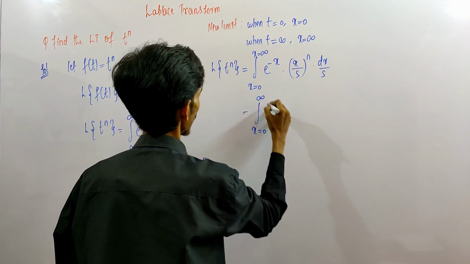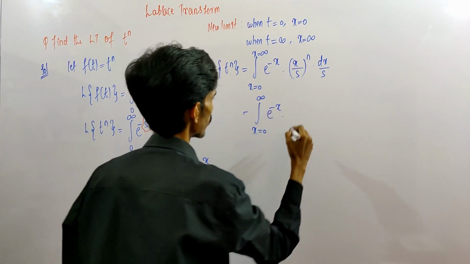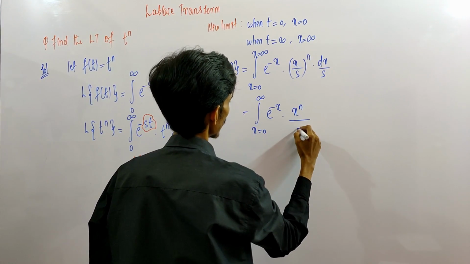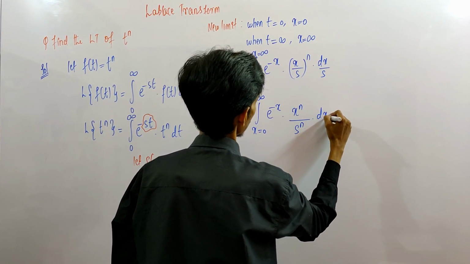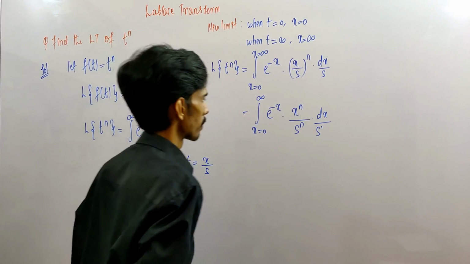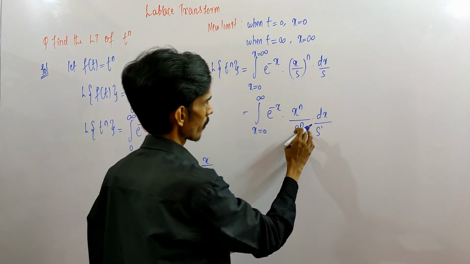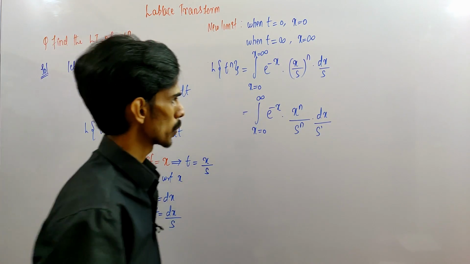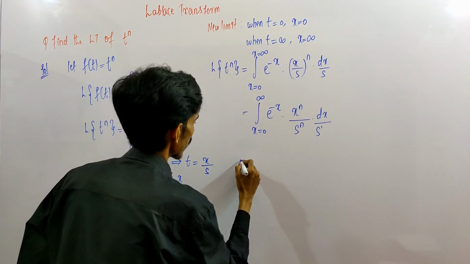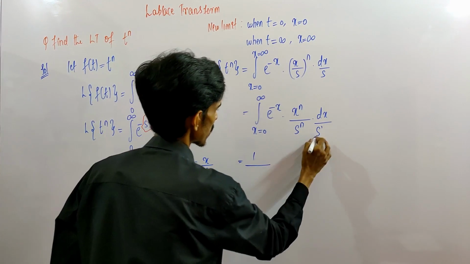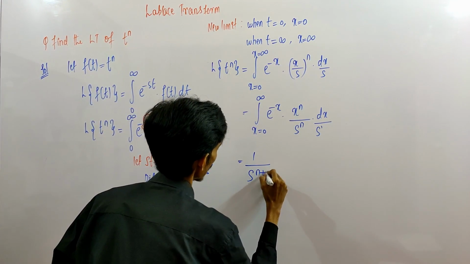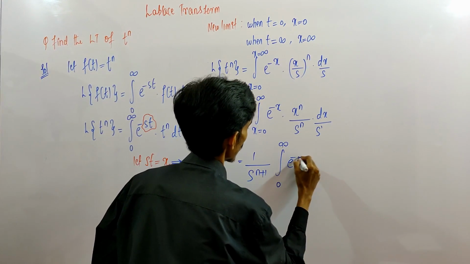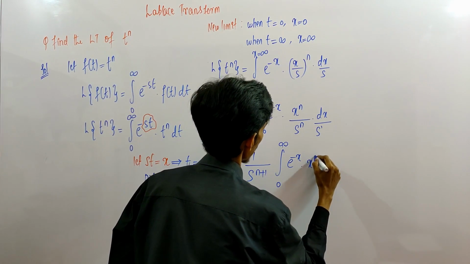Integration 0 to infinity e power of minus x into, distributing this power to numerator and denominator, x power of n by s power of n, dx divided by s power of 1. Now this s power of n into s power of 1 is independent of the integration, so it can be taken out of the integration. We have 1 divided by, bases are same, powers should be added, it will become s power of n plus 1, integration 0 to infinity e power of minus x into x power of n dx.